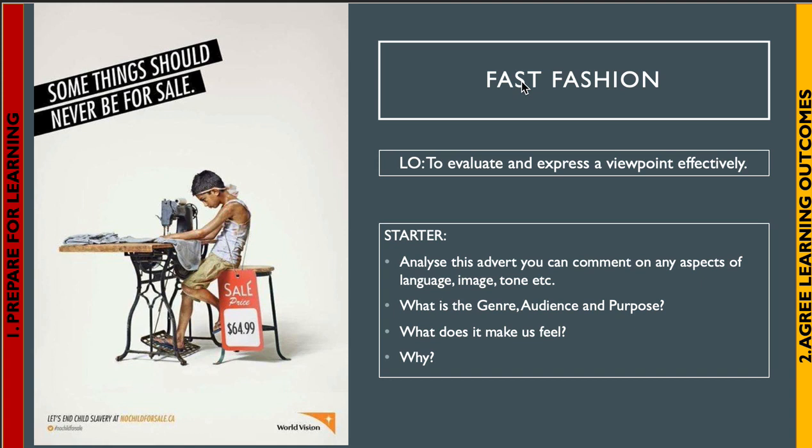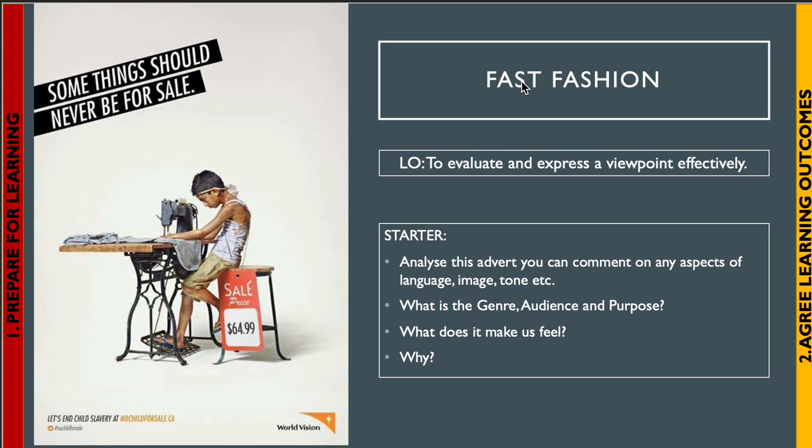As part of the work for this video, I've linked to some other videos that are in the playlist on fast fashion. You need to go to my channel, look in the Year 7 Persuasive Writing playlist, and you will see that towards the end of that playlist there are some videos on fast fashion. Please go and watch those as part of this lesson. They will inform you about what fast fashion is, how it operates, and what you need to know in order to be able to go on to do the written tasks about that.